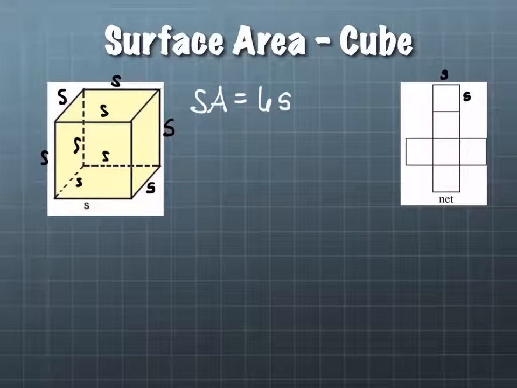Yeah, 6S squared. So S squared is the area of one of the squares. There are 6 squares, so if we multiply that area times 6, we'll have the sum of all 6 areas together. So for a cube, the surface area is 6S squared. That's friendly, and it's mostly friendly because they're all the same.